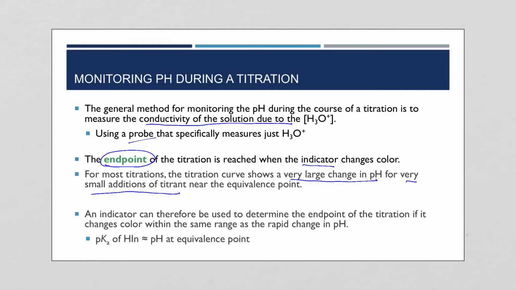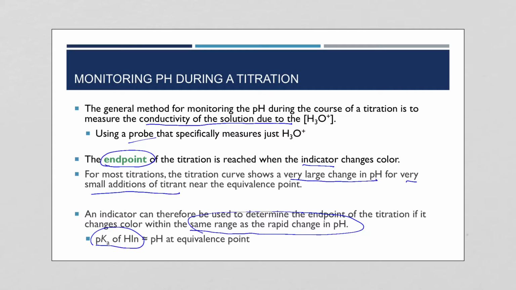The way we can do that, again, is if that color change occurs within the same range as what we see, that rapid change where the equivalence point's at. Now, one guideline that could be used is to look at the pKa of the indicator. These indicators are typically acids and bases, and they're moving from the acid form to the base form during the titration, and they happen to be different colors in solution.